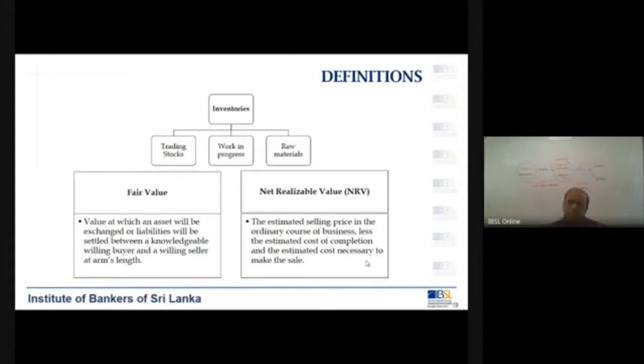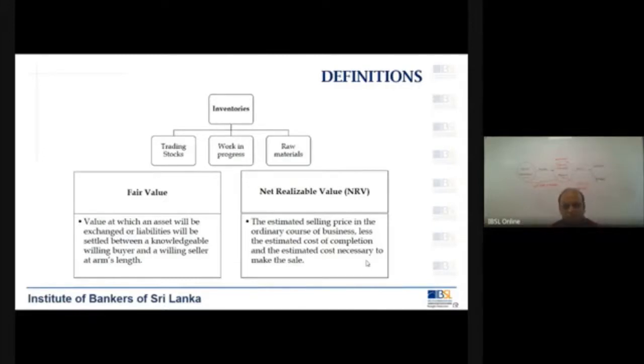So then you have to do some additional advertising to make the product more in demand. So what happens? You might have estimated a selling price. Now, all of a sudden, you have to incur an expense to make this product more in demand. So that you have to deduct. Then you will get the net realizable value.